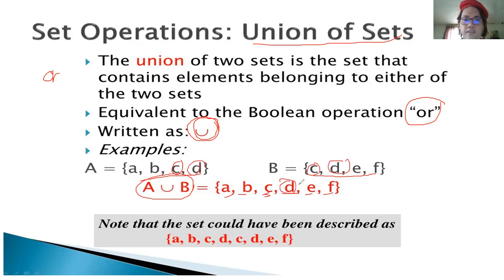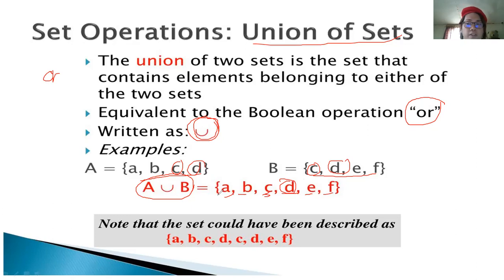Again, one thing that we need to remember in getting the union of sets is to take as one when there are repeated elements in a given set.